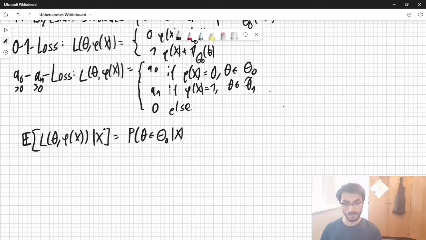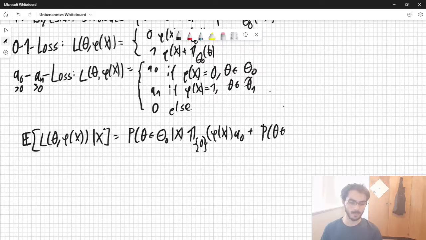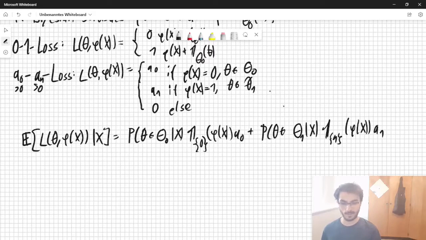And if this happens, we pay a price if phi of x is equal to 0. Otherwise we don't. And the price is A0. The other possibility is that theta is in theta 1, in which case we pay the price of A1. So what's our decision? We have to choose between those two errors.